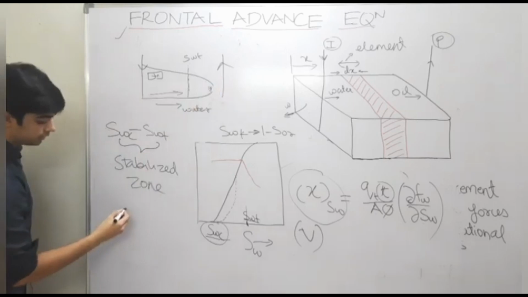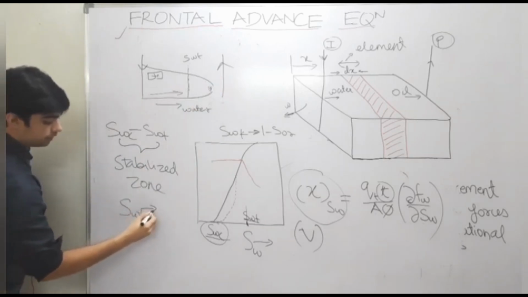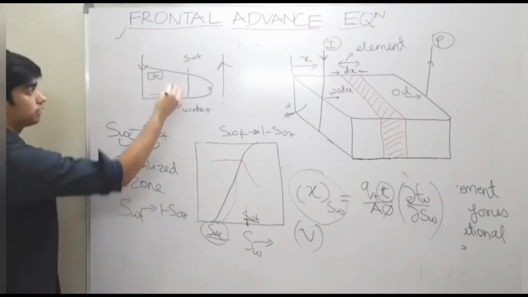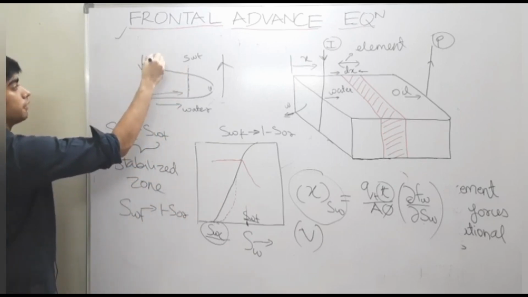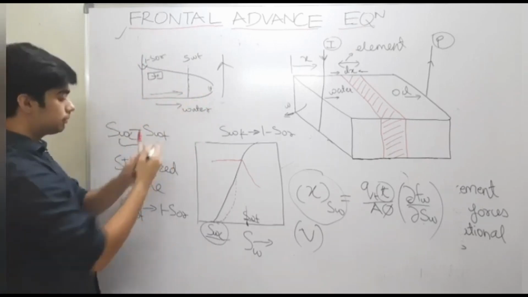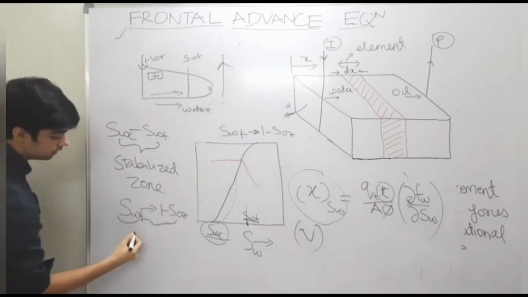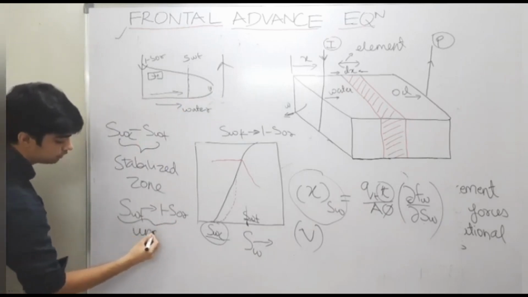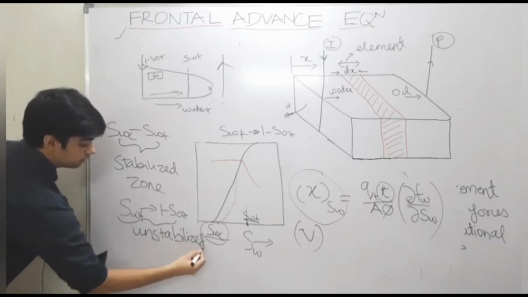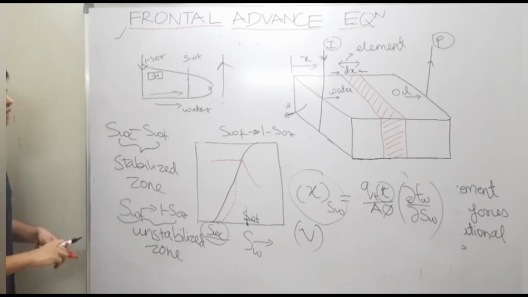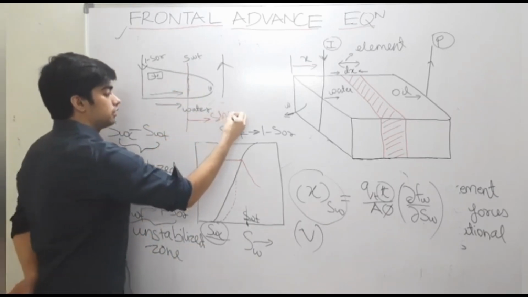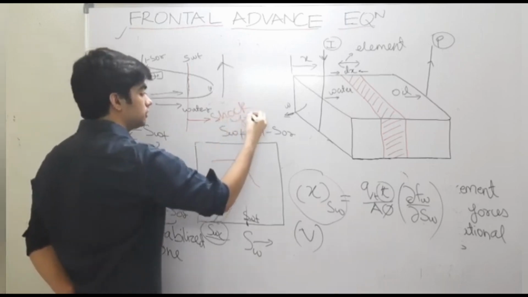But unlike this, saturation SWF to 1 minus SOR, this specific block will continue to expand because they have a relative displacement, and hence it is called the unstabilized zone. And this point of division is called the shock front.